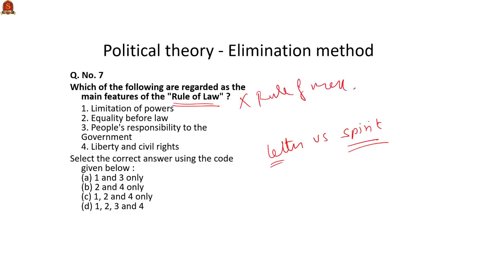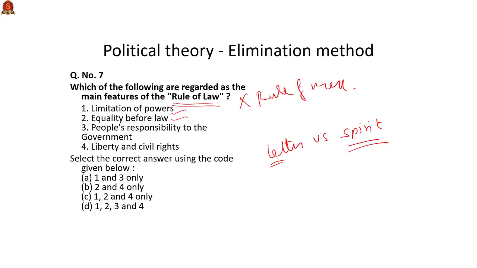Now if you apply this spirit, does rule of law mean limitation of powers? Yes. You don't give excessive powers; you put limitations on the powers of the constitutional authorities, telling them to work within the limitation of rule of law only, the law that is created. Equality before law will also come, because if you have a law, it should be applied equally among people. If you apply it differentially, there is no rule of law, there is no limitation of power.